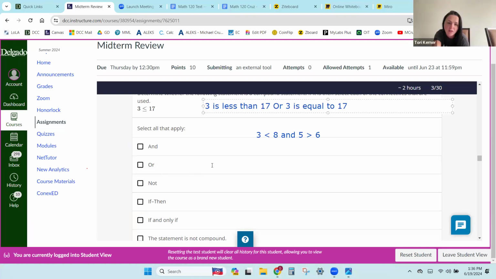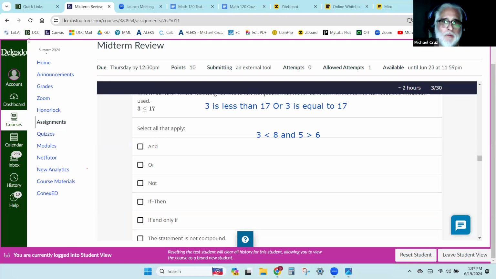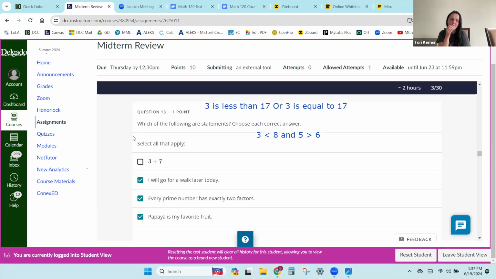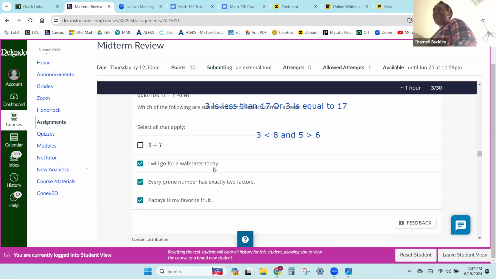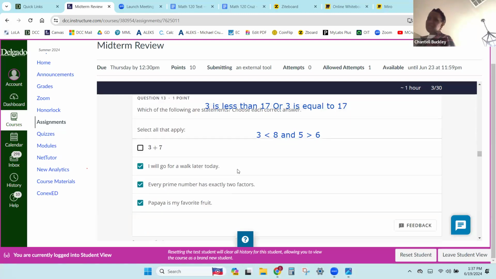Can you see if number 13, that we do have it correct? The one right before this? Yeah, that's right. But the papaya? Yeah. Even though 14 says all that applies, so one answer would be just or.